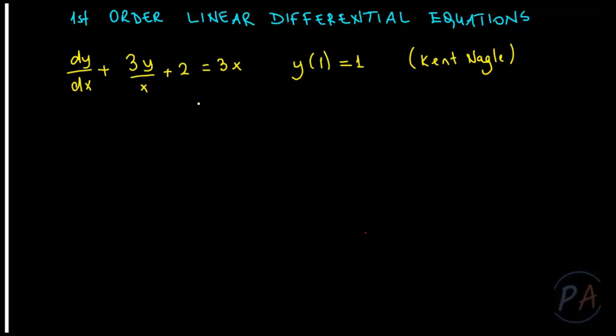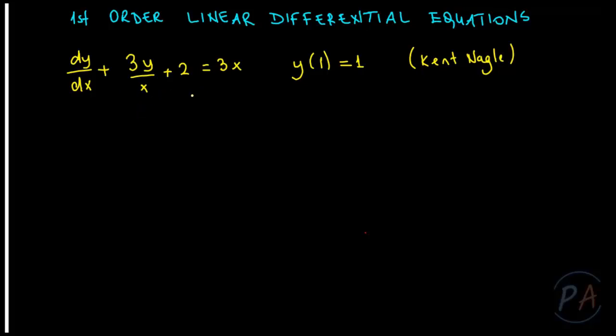While solving an initial value problem, we first solve the differential equation, then we apply the initial condition to be able to define the constant parameters. This differential equation is a first order linear differential equation.